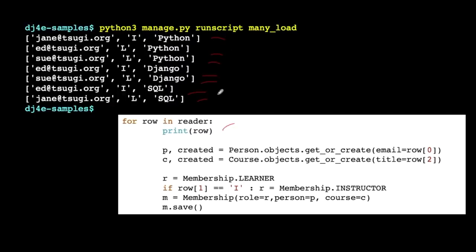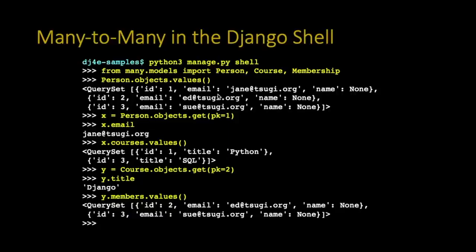And then it looks at the middle one to see what the role is, and then it creates a membership record and stores that membership record in the database. And so it's a pretty easy pattern to follow. I'm sure the stuff that you're going to write will be a little more complex. I kept this simple so that it would fit nicely on the screen.